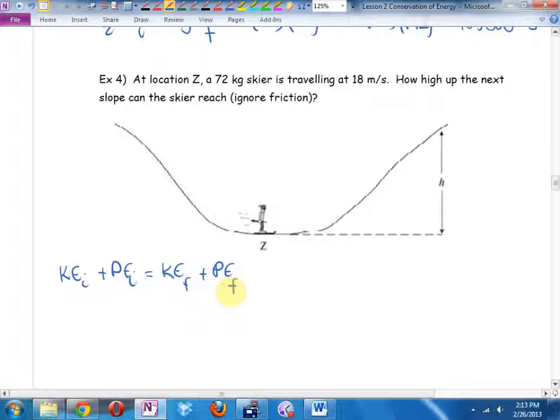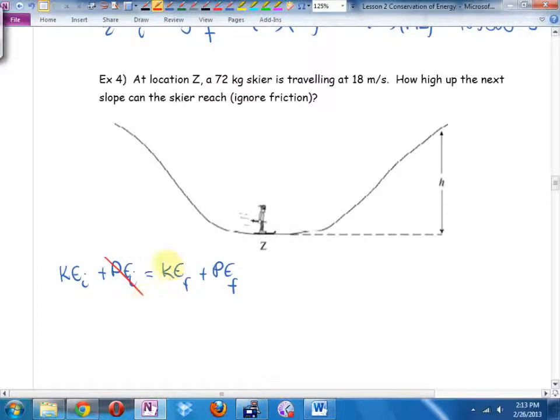Are any of these 0? So initial is location Z. Is he at rest at location Z? Does he have no kinetic energy? No. How high is he at location Z? Oh. Final. At the top, how fast will he be traveling when he gets to the top?